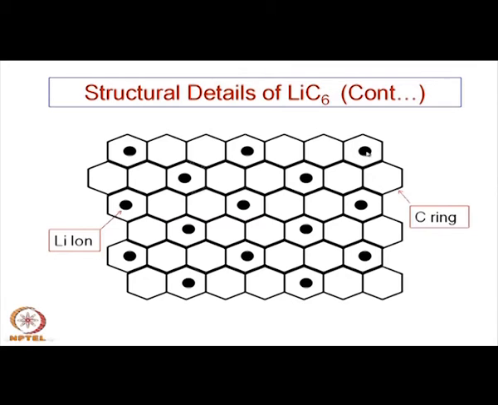Here, on the vertical direction, one layer is off, then the second layer is occupied. So, if this layer is occupied, then in the next layer the corresponding hexagon is not occupied.